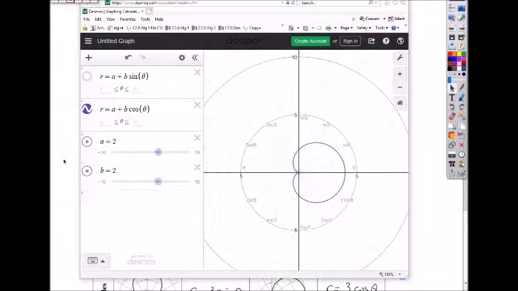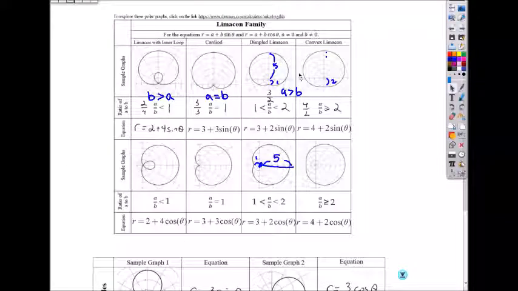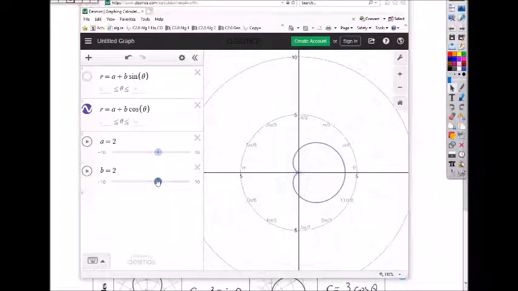So the next one is when you have A greater than B, but the ratio is not greater than or equal to 2. It has to be less than 2. A over B is less than 2. So what that means is if you have 3 and B is 2, 3 over 2 is 1.5, not equal to 2 or greater than 2.